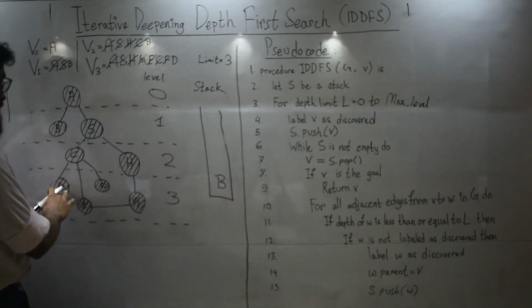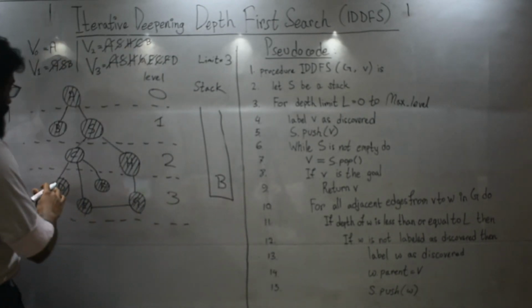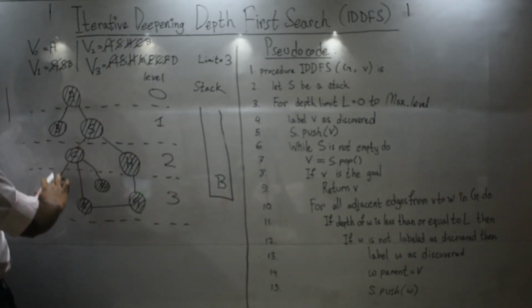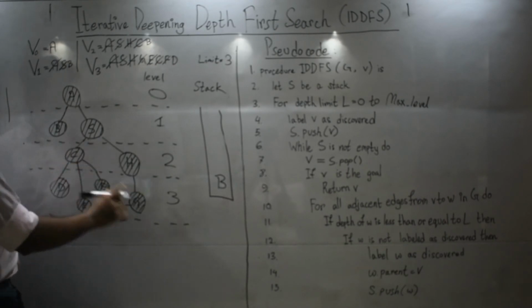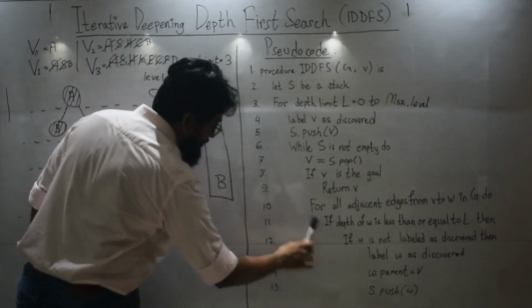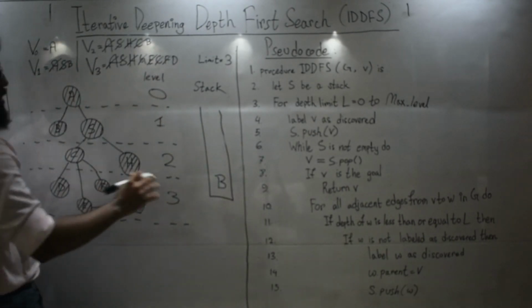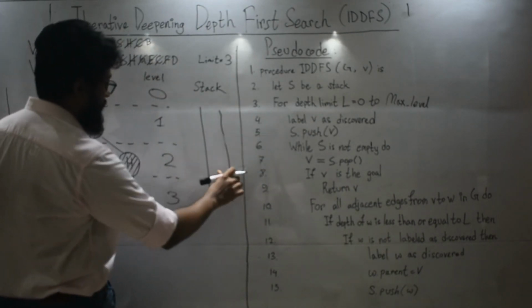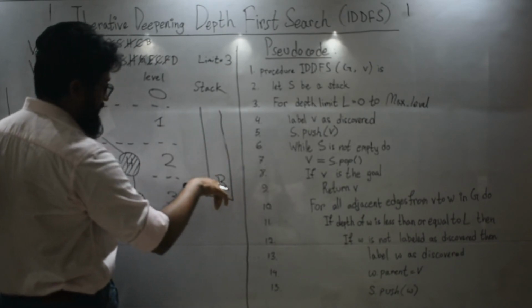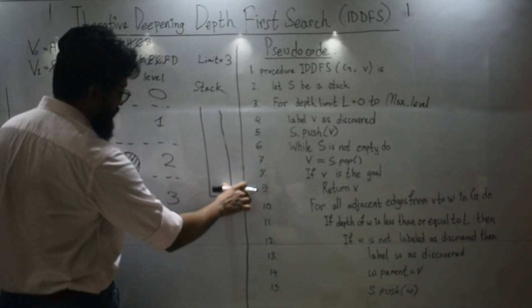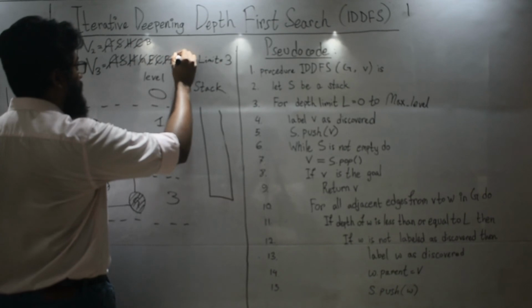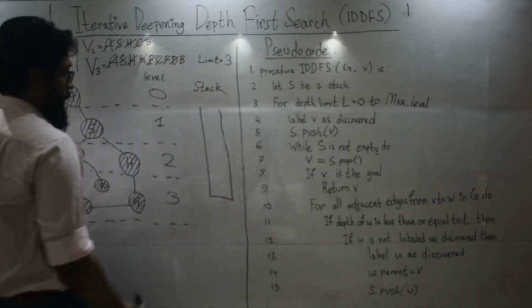Same thing for D. Let's check. The neighbor of D is C, and this has already been visited. So we will just skip all these and again come back to line number 7. Okay. Pop. On top of my stack we have B. So let's pop B and place it here.